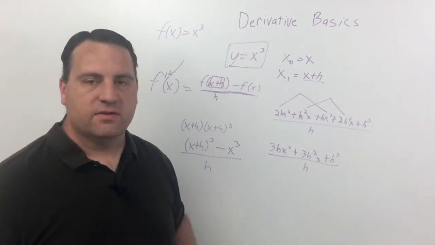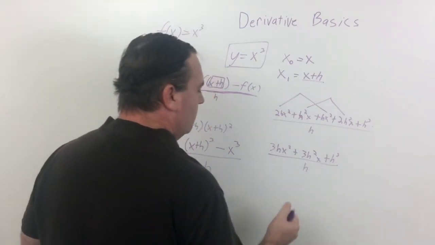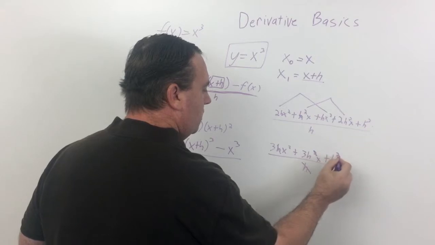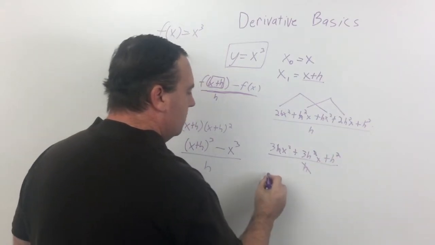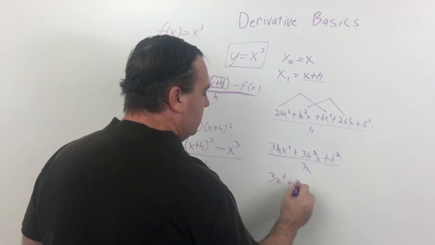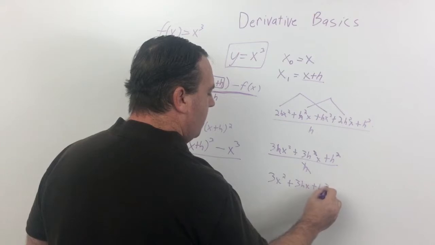But we can simplify it further. We can divide h through here. So we'll divide out h, and that will give us a final formula of 3x squared plus 3hx plus h squared.